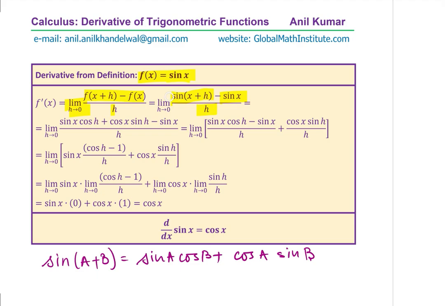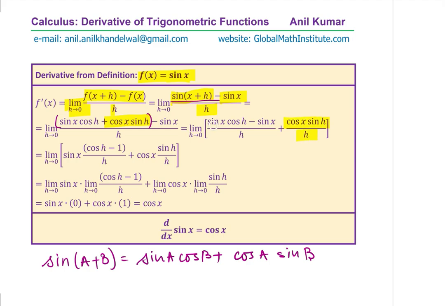Okay. So sine of x plus h can now be expanded using this particular formula: sine x cos h plus cos x sine h. So that is the expansion of sine of x plus h, right? Minus sine x. So we have this. Now we rearrange the terms, separating this term out. You see that.